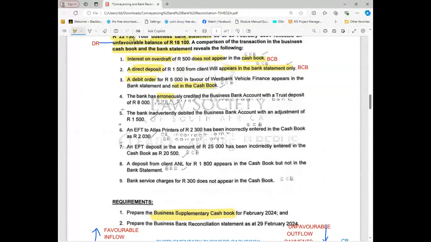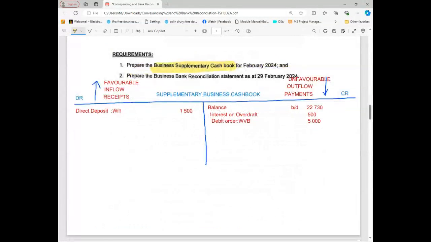If the error is made by us as a business, the error will be corrected under the supplementary cash book. Write it down. If the error has been made by us, by our own bookkeeper, it will be recorded under the supplementary cash book.